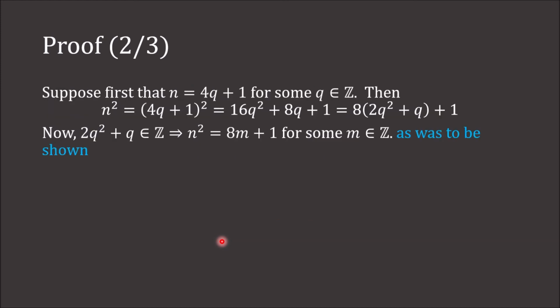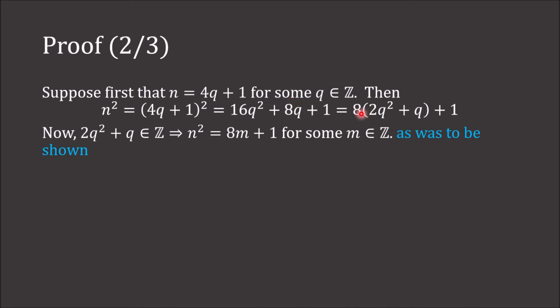So suppose first that n is 4q plus 1 for some integer q. Then n squared would be the quantity 4q plus 1 squared, which would be 16q squared plus 8q plus 1. We can factor an 8 out of these first 2 terms.